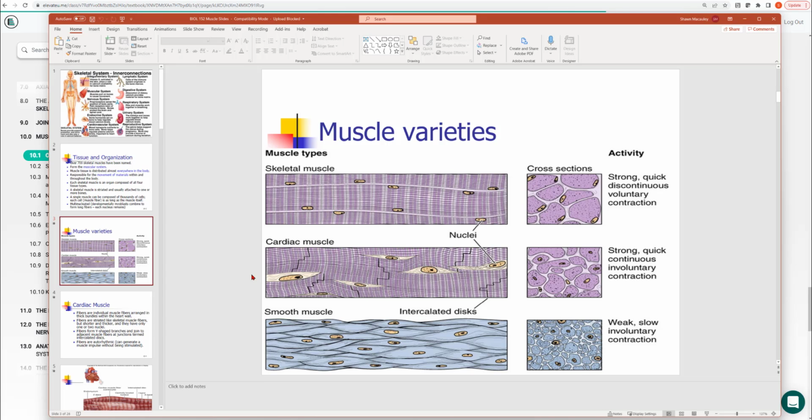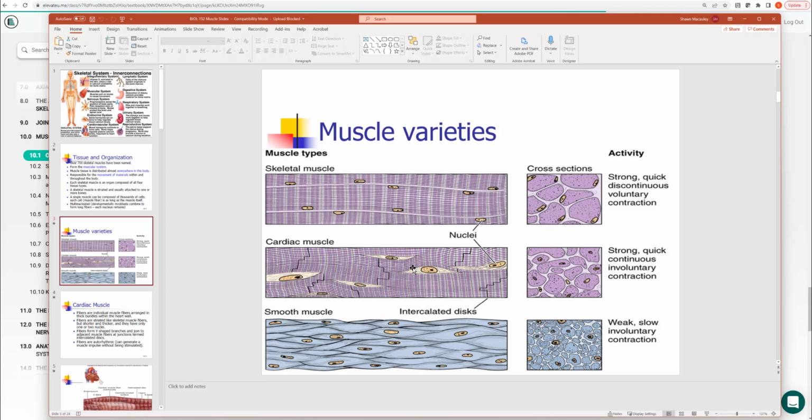Versus the cardiac muscle, right? In the cardiac muscle, we still see the striations. We see these etch-a-sketch looking lines, if you know what an etch-a-sketch is. These black lines represent the intercalated discs. You can also see that there's some odd branching pattern going on within the cardiac muscle cells.